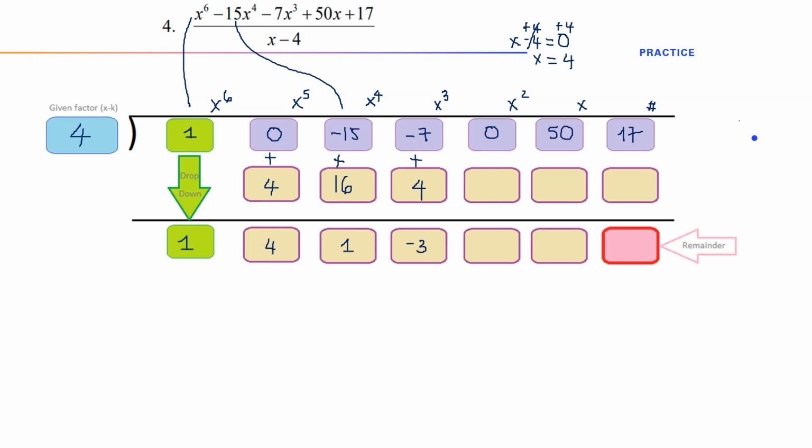Negative 3 times 4 is negative 12. And 0 is negative 12. Negative 12 times 4 is negative 48. And 50, that is 2. 2 times 4 is 8. We add 17 and 25.